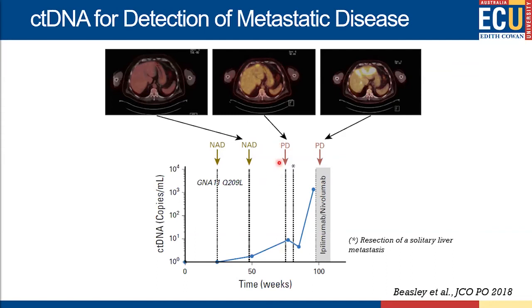However, later on, when a single metastasis was detected in the liver, there was a further elevation of circulating tumor DNA, which was reduced once the tumor was resected. It didn't disappear, and in fact, it became elevated again, consistent with the detection of further metastatic disease in the liver of this patient.